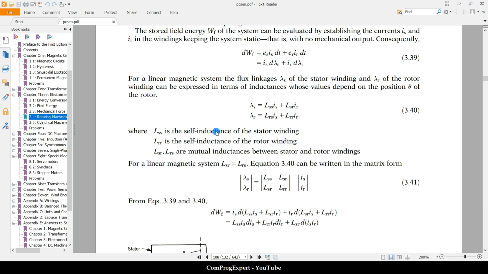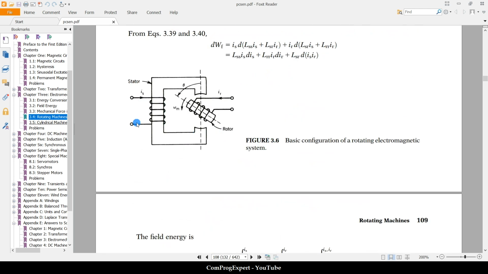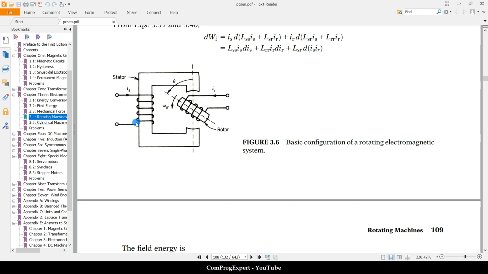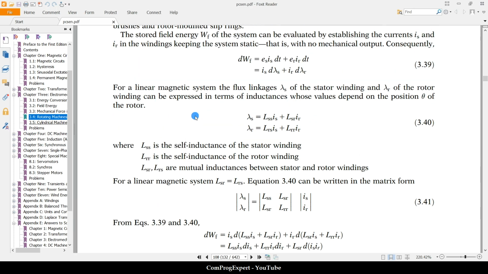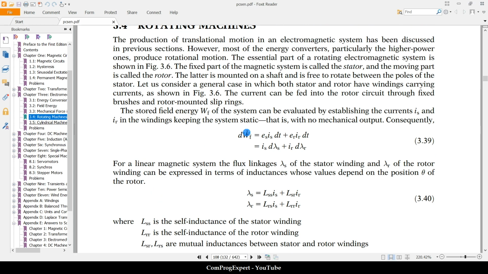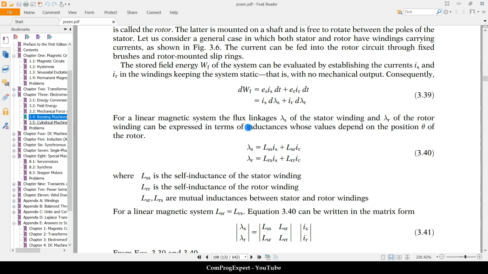Here in this figure 3.6, we have this structure, this stator, and this rotor. This is a rotating object. Also, we have two coils, the stator coil, and this is the rotor coil. As you know, again, we can write this equation.